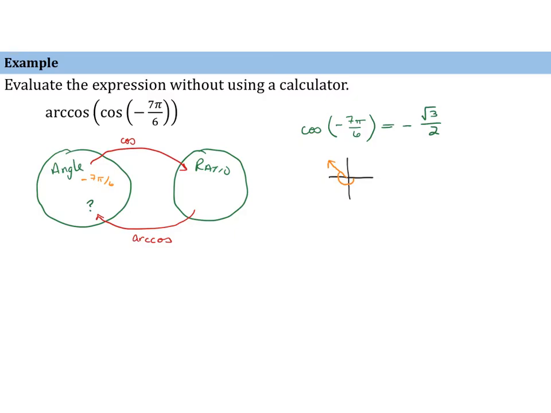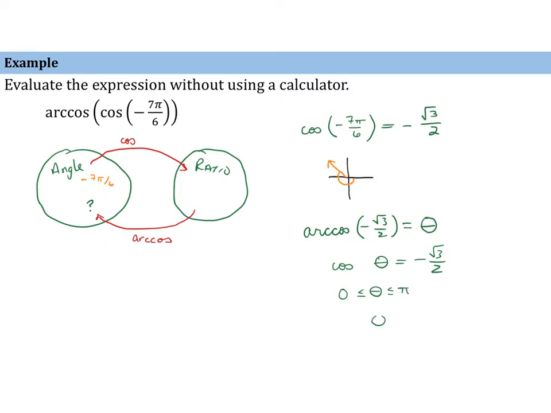So now let's look at the arc cosine of negative root 3 over 2. The output of arc cosine is going to be some angle theta. But theta has to live between 0 and pi. Well, my angle has to have a reference angle of pi over 6. So let's look at cosine of theta equals negative root 3 over 2. But theta lives between 0 and pi.